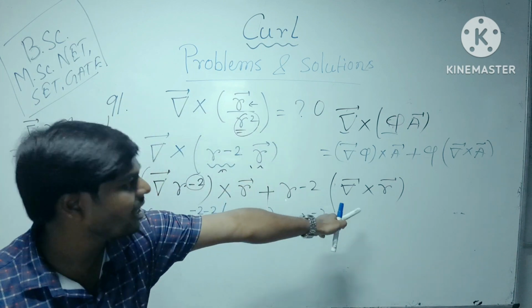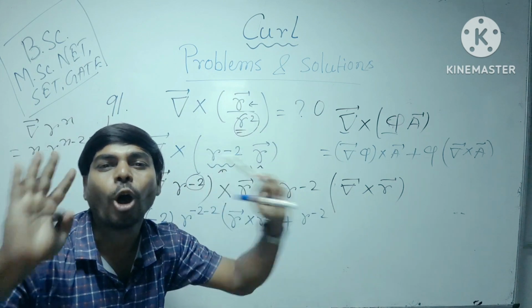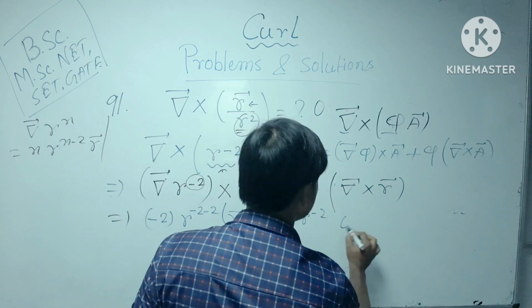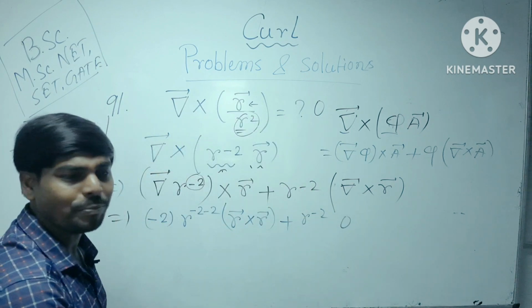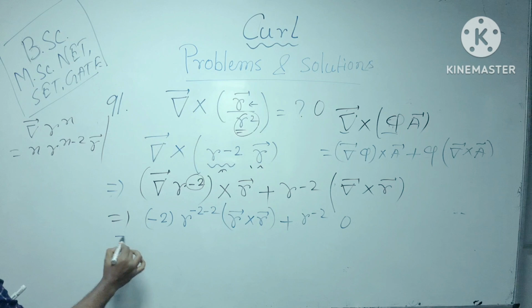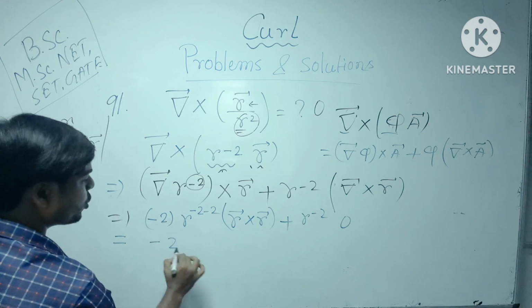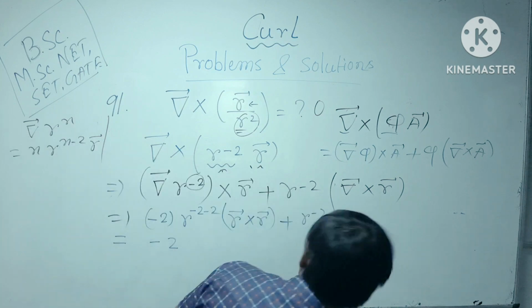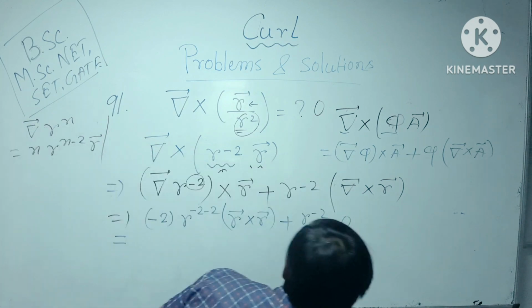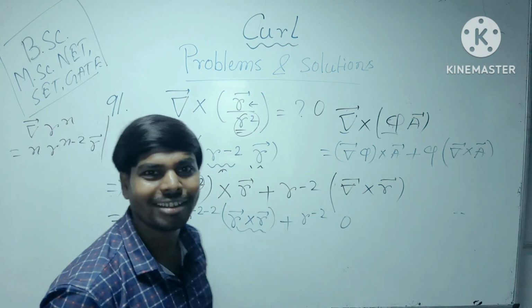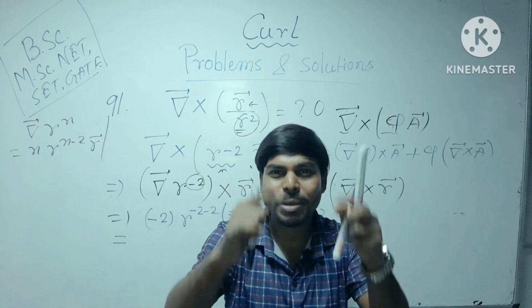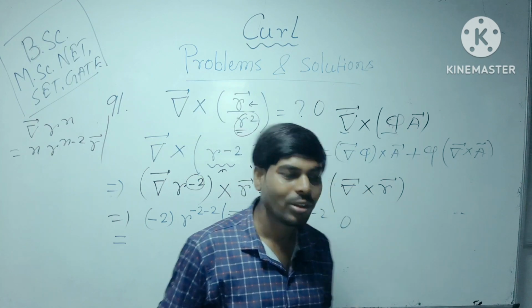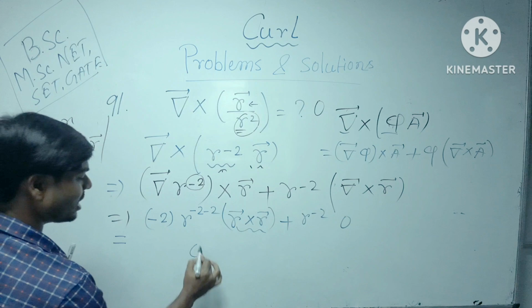We have just seen curl of position vector is always 0. Curl of position vector is 0. Okay, now so this is minus 2. Oh, okay, we don't need to do anything here, because r cross r, the cross product of the same vector, gives you always 0. Okay, so this is 0.